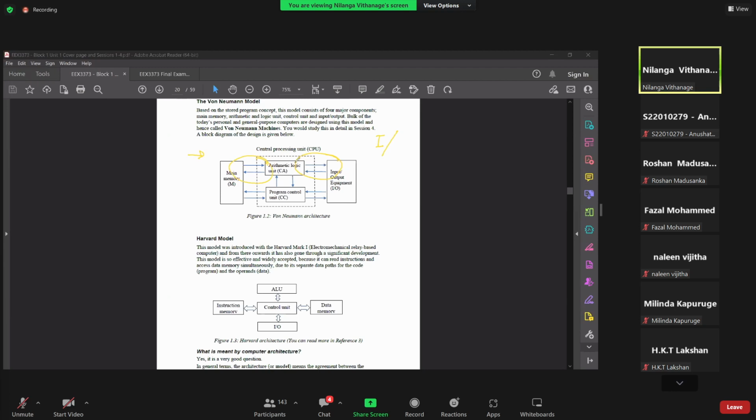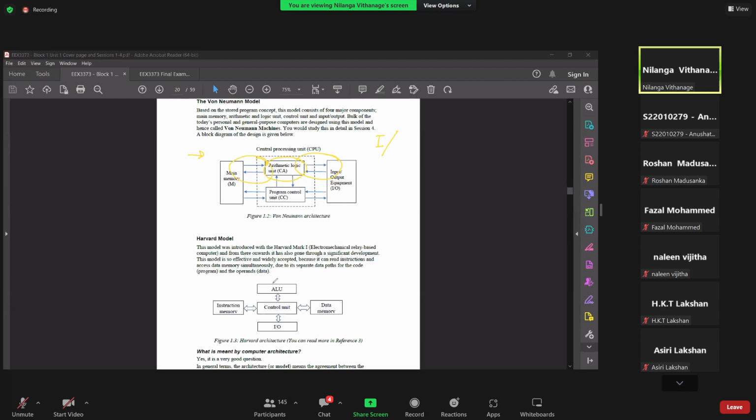So this arithmetic and logic unit, we have discussed a little bit about it in the first day school lesson. All the arithmetic and logical functions, calculations, and logical things will be done using this unit, right?